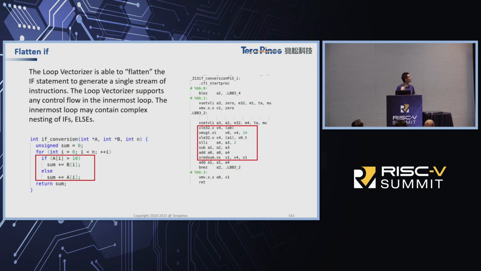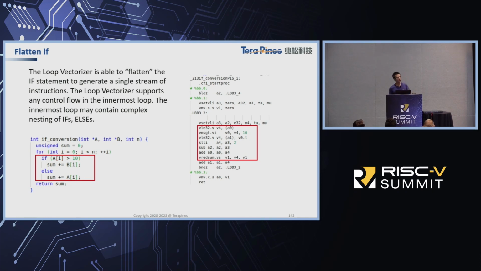The next one is the most common optimization in inner loop auto-vectorization. Basically, when the compiler does inner loop auto-vectorization, it flattens all the control flows in the inner loop. So no matter how many if-else in your inner loop, all the basic blocks are merged into a single one and converted into masked execution.